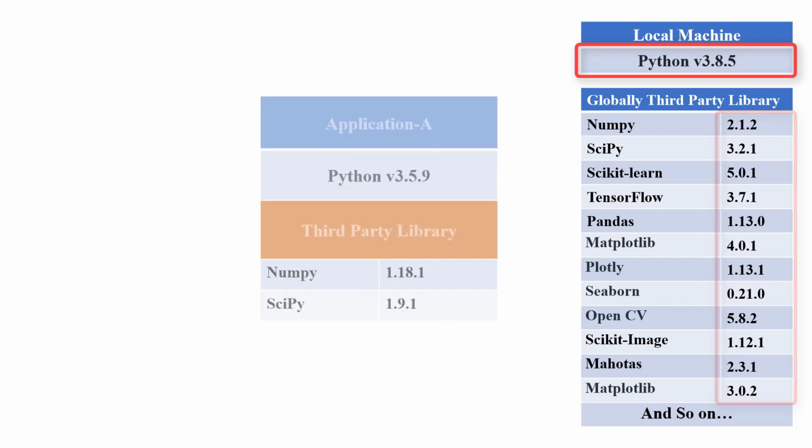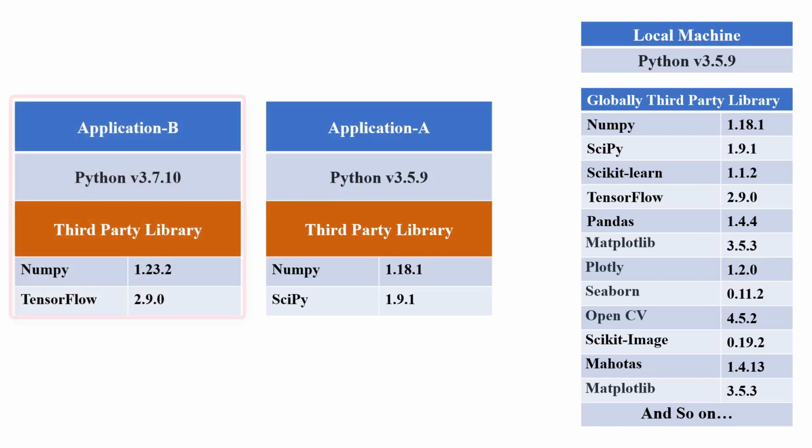Consider another scenario. You have created another Python project, application B, with Python version 3.7.10. In your local machine, the installed Python version is 3.5.9, and you need to import third-party libraries such as numpy version 1.23.2 and TensorFlow version 2.9.0.